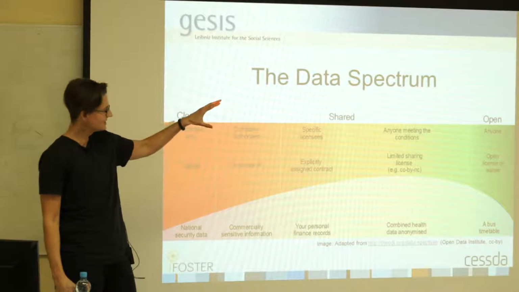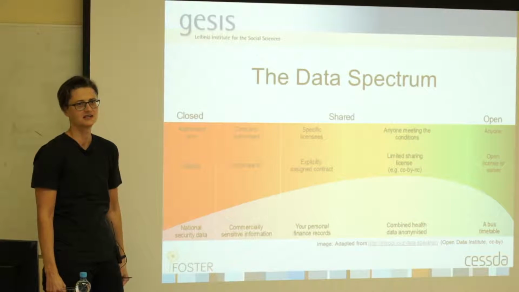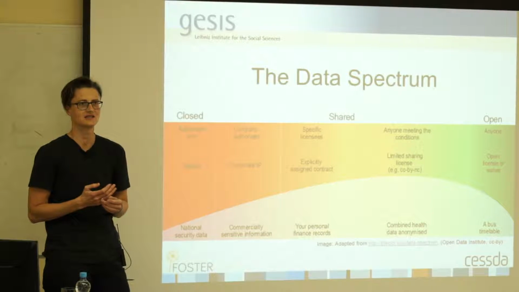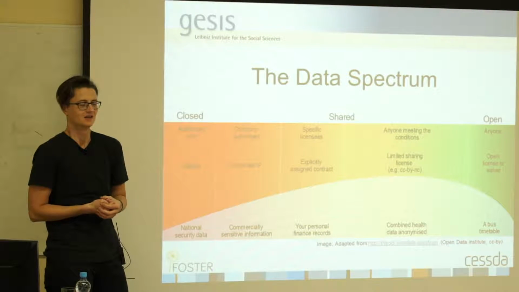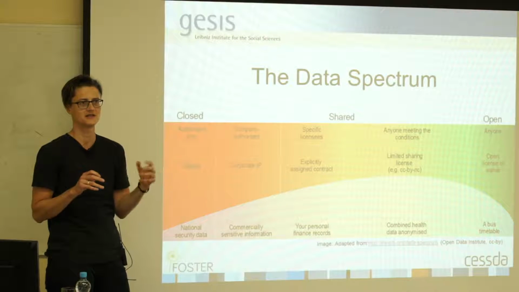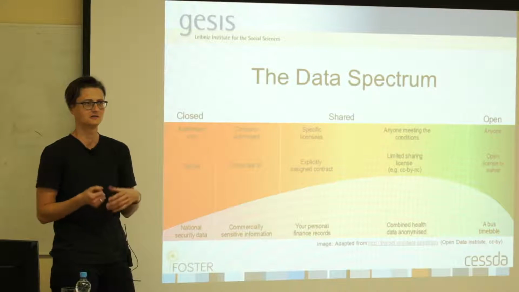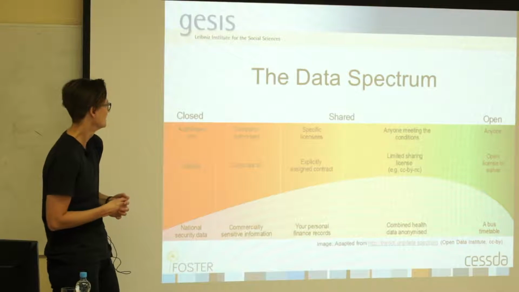And what you can see is that on one end of the spectrum we have closed data. So closed data is data that is not accessible to anyone except the primary researcher, or that is only accessible to a very limited number of people under very strict conditions.